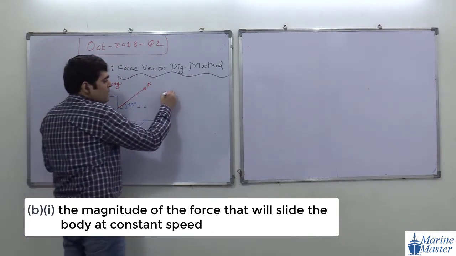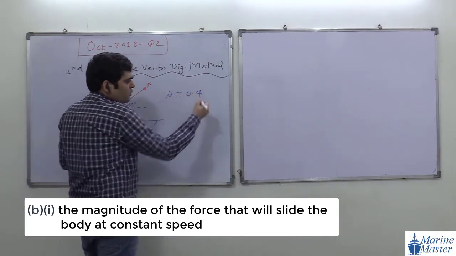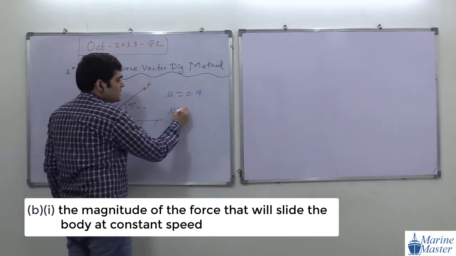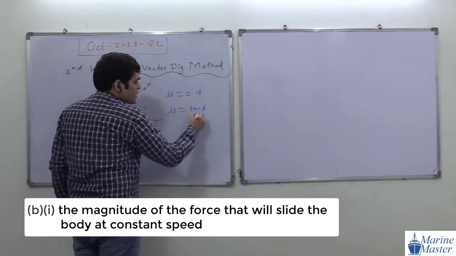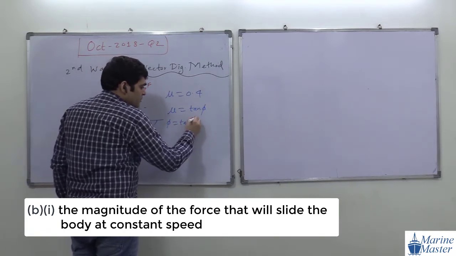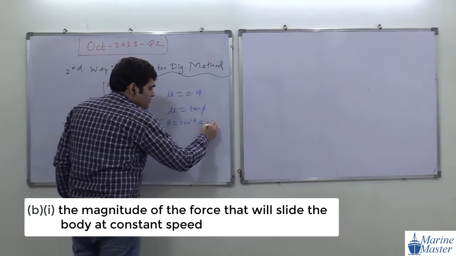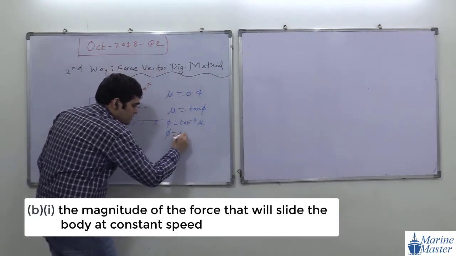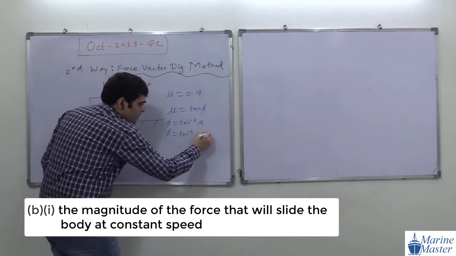Now in the question they have given us mu, mu is equal to 0.4. Check it once again. So mu is equal to tan phi. So phi will become tan inverse of mu, which means tan inverse of 0.4.